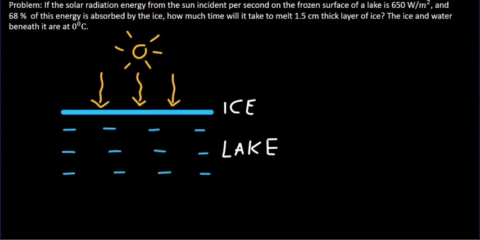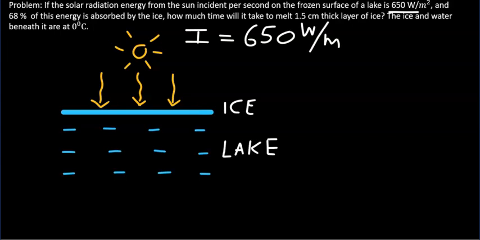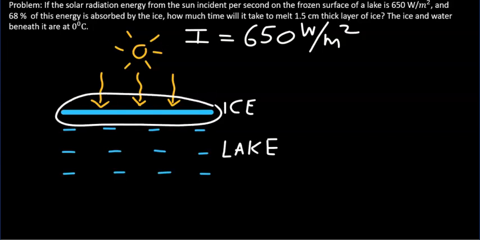The first thing to note is this 650 watts per meter squared number is the intensity. So the intensity of this radiation from the sun is 650 watts per meter squared. Another thing to note is this is a process of melting of ice into water.